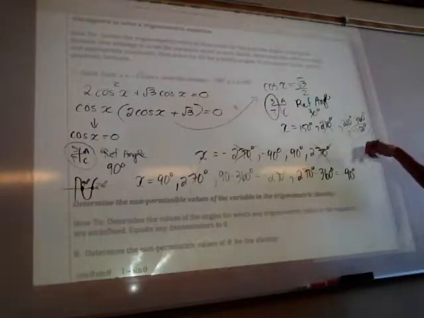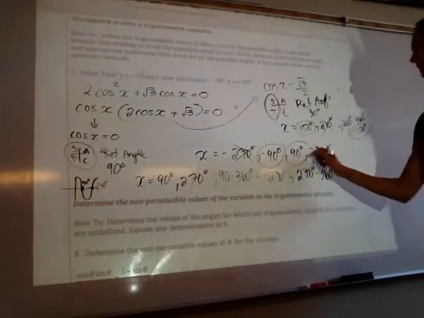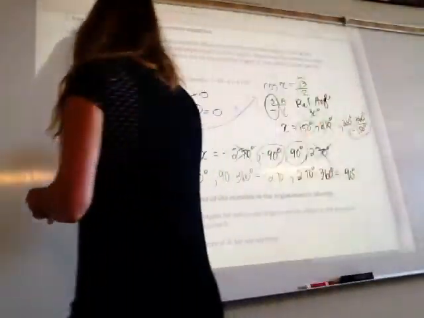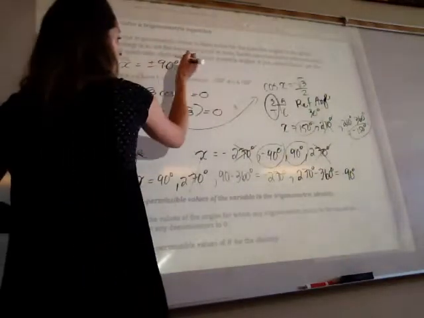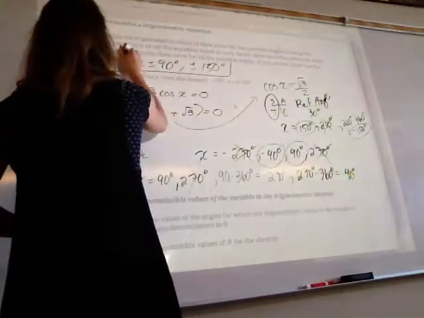So I have negative 150, positive 150, negative 90, positive 90 as my solutions. And just to show that answer clearly, x equals positive and negative 90 degrees and positive and negative 150 degrees.